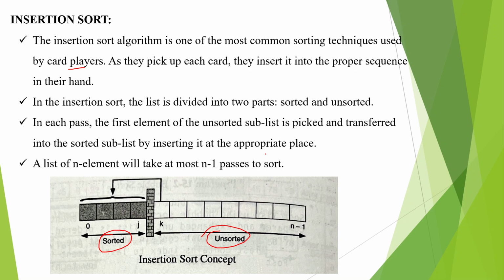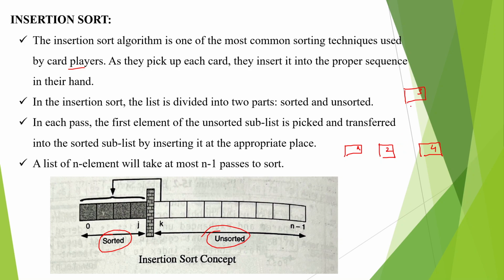Suppose we have the cards like one card over here with A, and another card over here with 2, and you are holding these cards like this, and a 4 card here, and suddenly you picked a card and you got card 3, then where do you put that card?